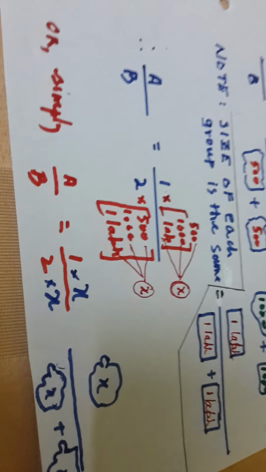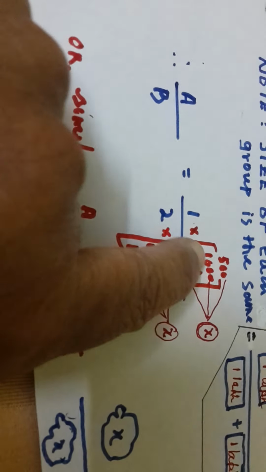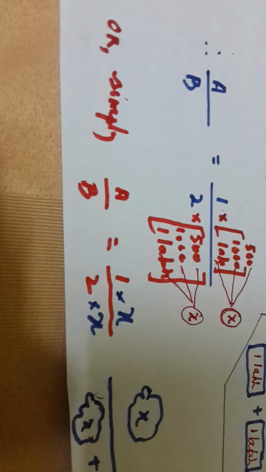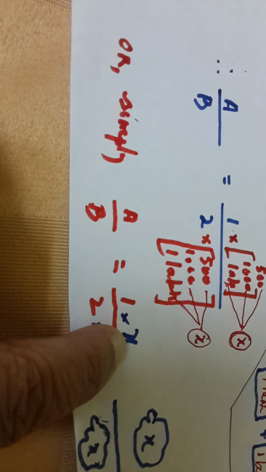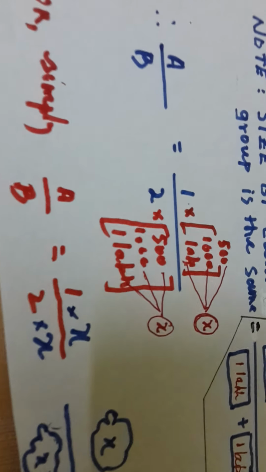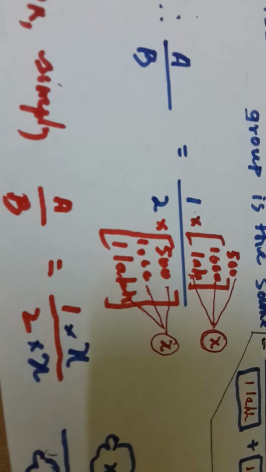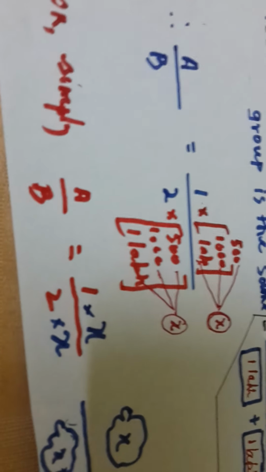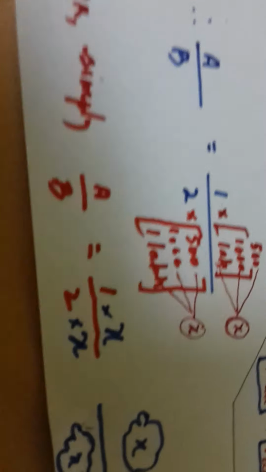Suppose X is 500, then A's actual value is 500 and B is 1,000. So the moment you put X, you are introducing the real actual value. This will be made clear when we see the ensuing lesson, okay?